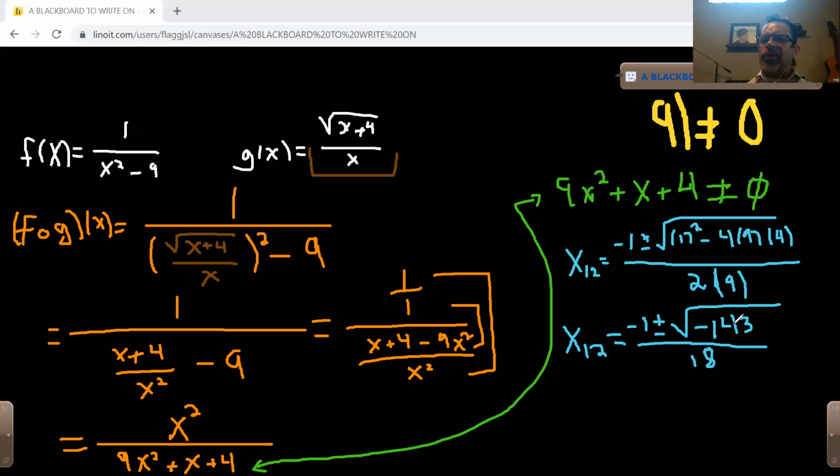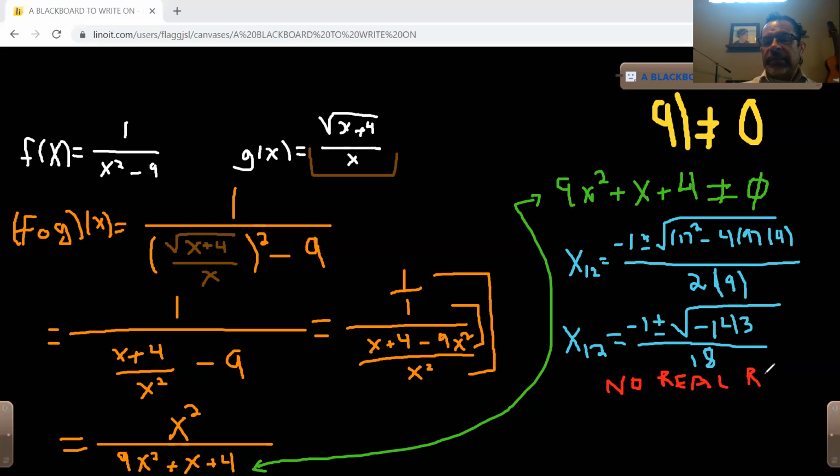So what happens here? We've got a negative square root, right? What does that mean? It means that there are no real roots. What does it mean that there are no real roots?